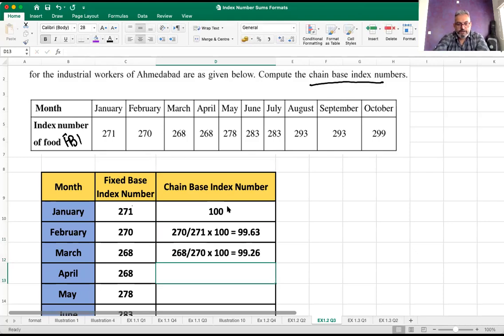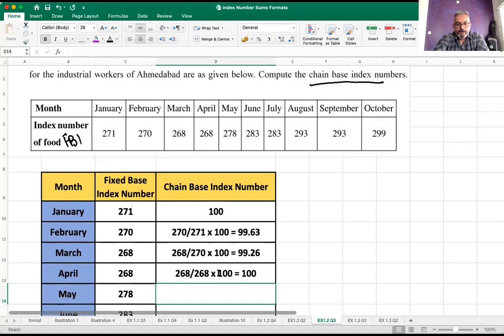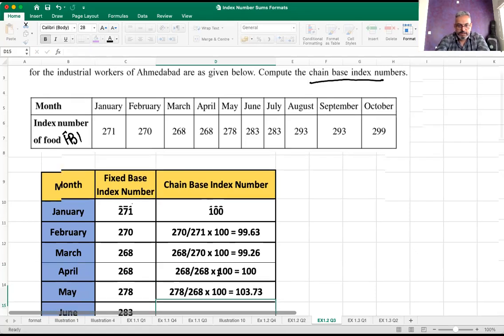Then 268 divided by 268 into 100, which is equal to 100. 278 divided by 268 into 100, which is equal to 103.73.